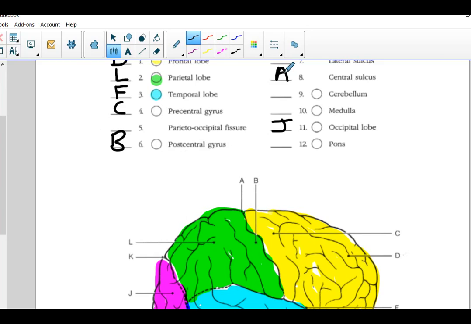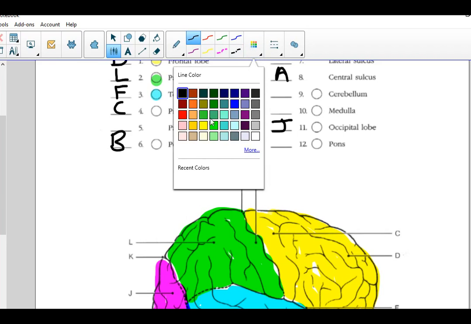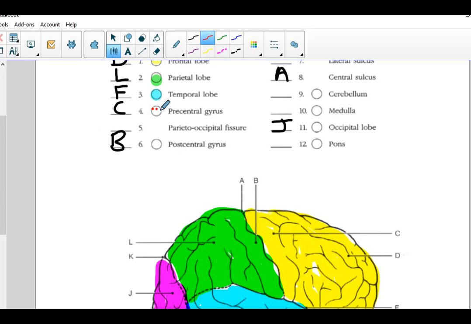Now, because these two gyri are part of various lobes, we're going to have to indicate them with either dots or stripes for that particular area. So you can choose a different color, and I'll just choose red in this case. For my pre-central, I'm going to indicate it with little red dots.